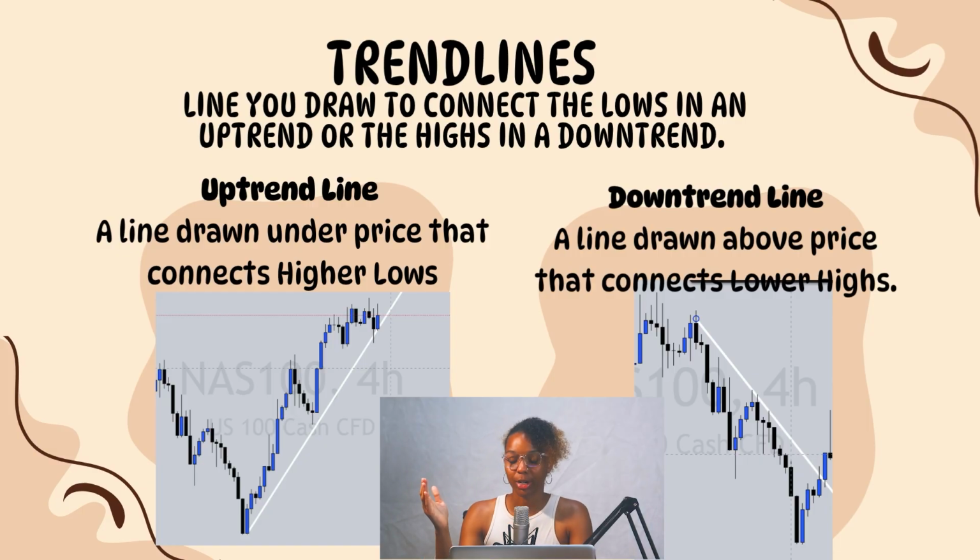Downtrend line. This is where the line is drawn above the price that connects lower highs. Same thing, vice versa. We have a touch point here, and then it continues down. In this example, if you look at the downtrend line that I have drawn, you do not see price going above that trend line.